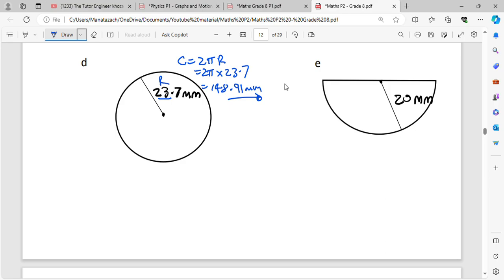Now for question E, you have something which is different. You have half a circle. Remember, a full revolution of a circle is equal to 360, but now you have half a revolution.